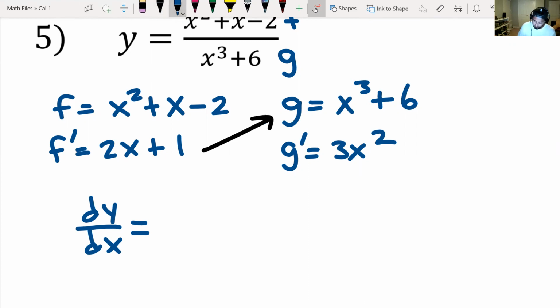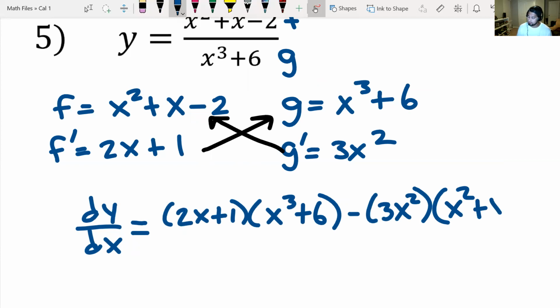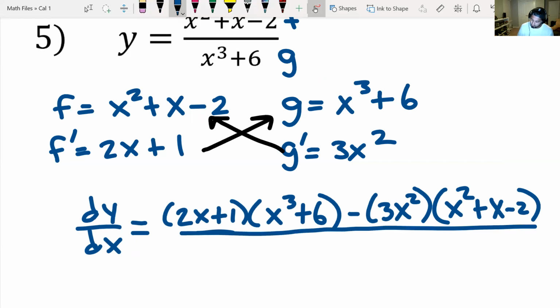F prime g. 2x plus 1 times x cubed plus 6 minus g prime f. 3x squared times x squared plus x minus 2 all over the original denominator squared.